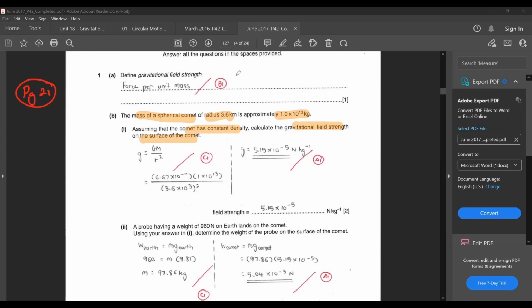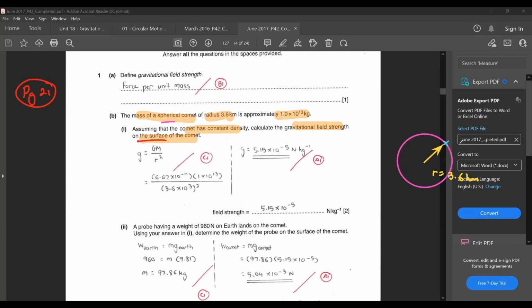Okay, so they told you that your comet is spherical, so its cross-sectional area ought to be a circle. So you know that it has a radius of 3.6 kilometers, and they want you to find out what is the gravitational field strength on the surface of the comet.